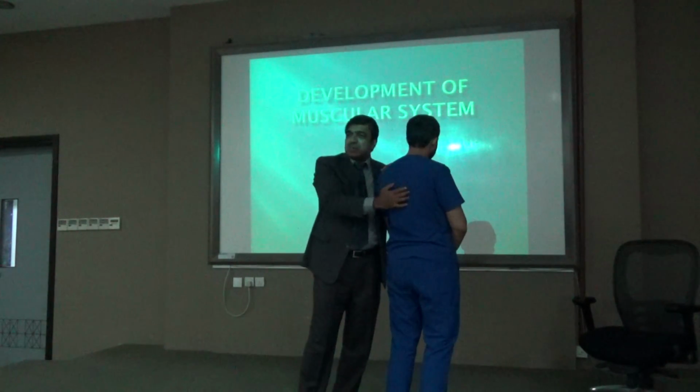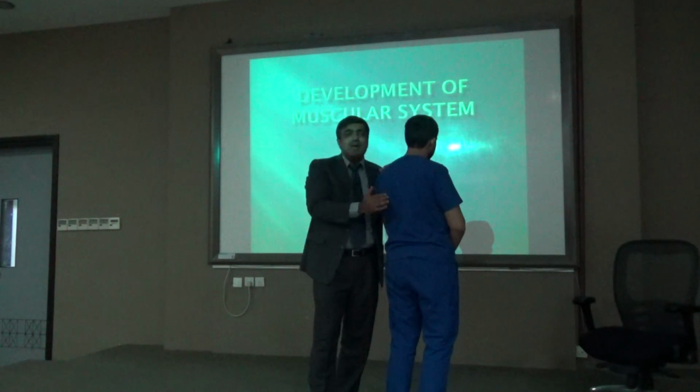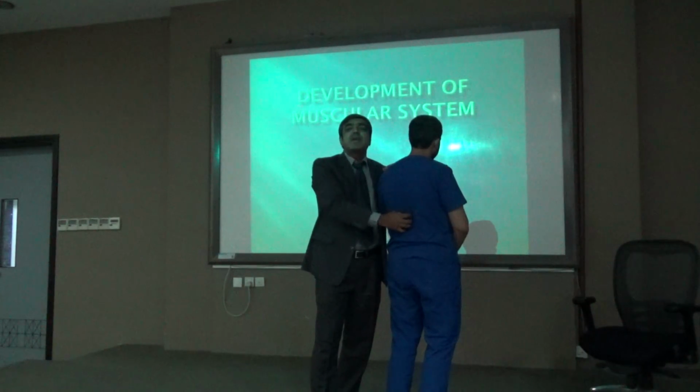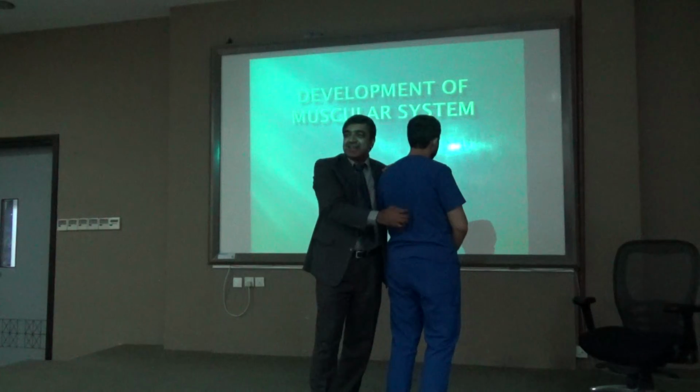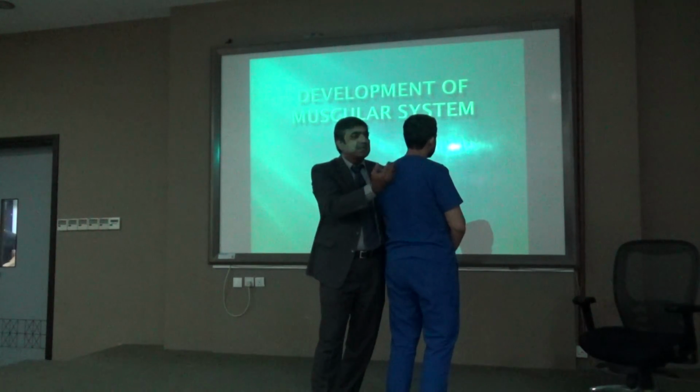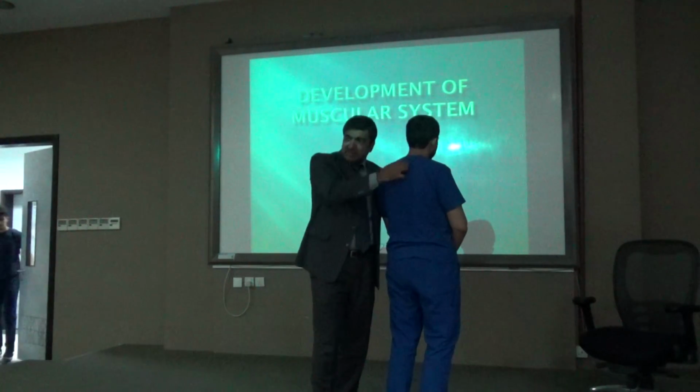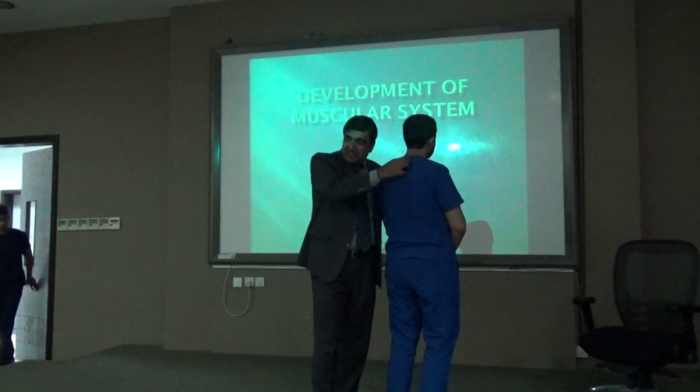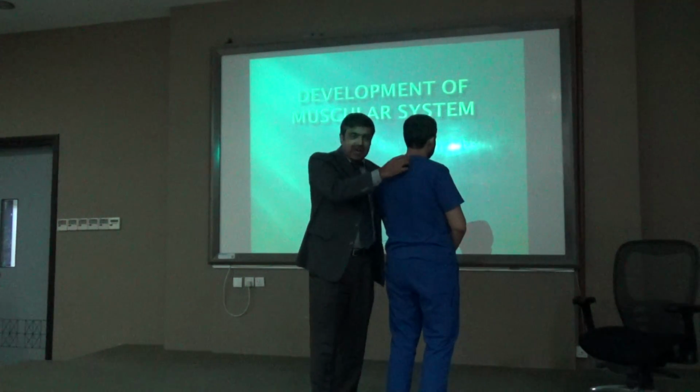But at this stage, just remember, when they spread into the body wall, they bring their nerve supply with them from the spinal nerves, because nerves are here in this vertebral column. They start to develop from it.